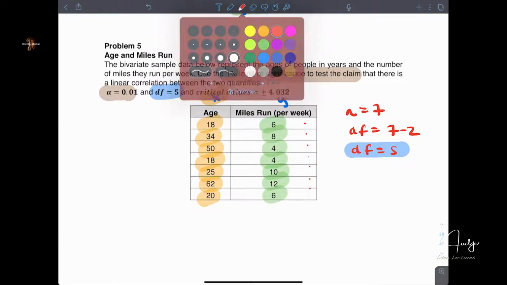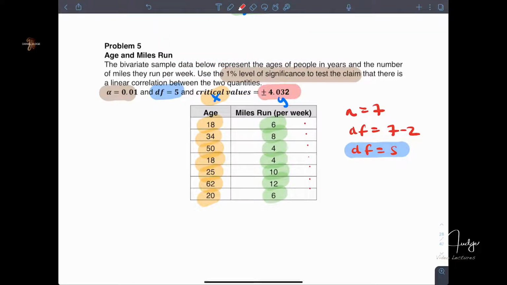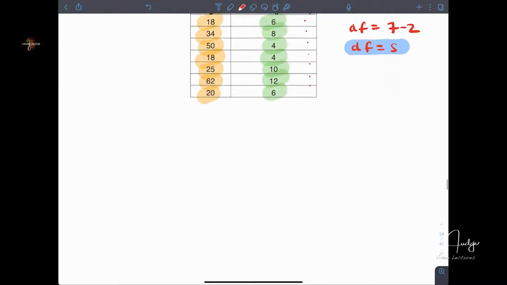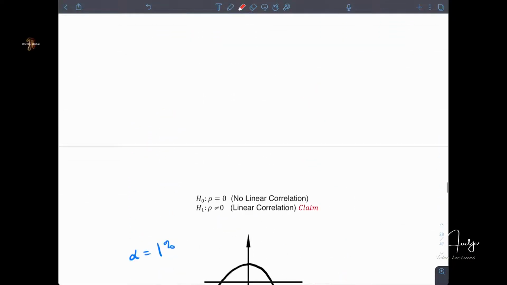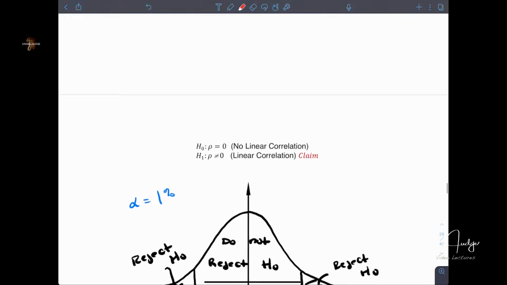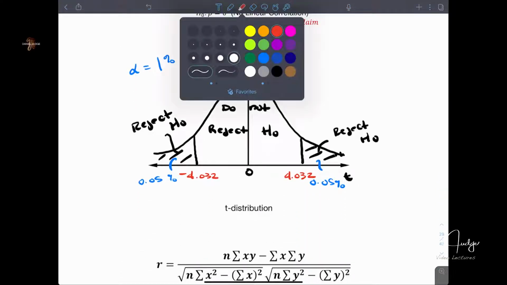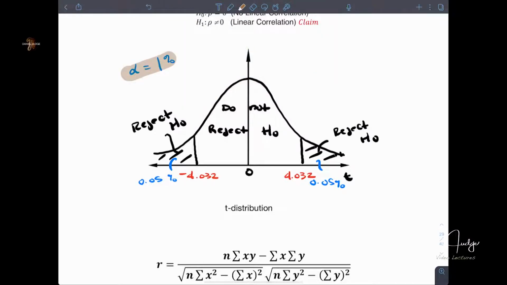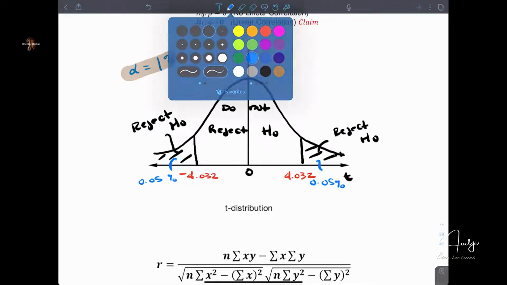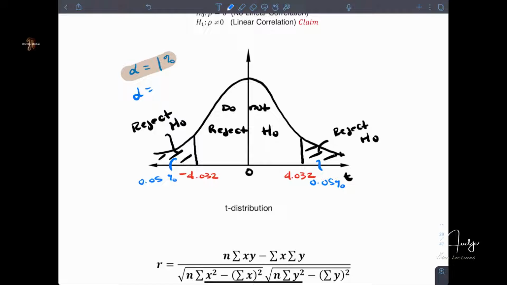Using the 1% level of significance, and sure enough, our degrees of freedom is 5 here. Let's test to see if the critical values are, in fact, 4.032. They did say 1%. So the decimal representation here, if alpha is 1%, let's be careful here. Alpha is 1%.